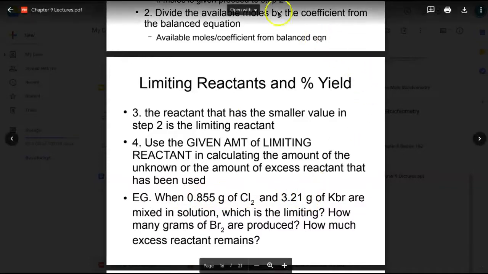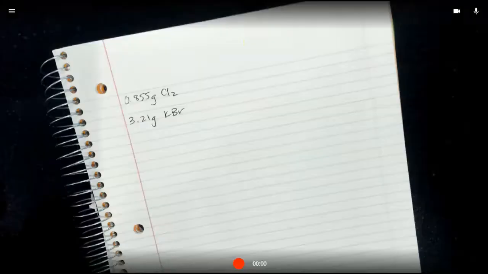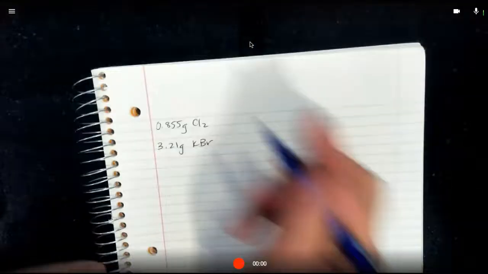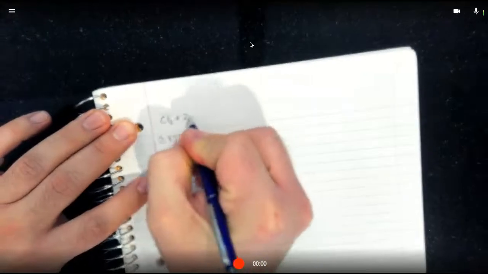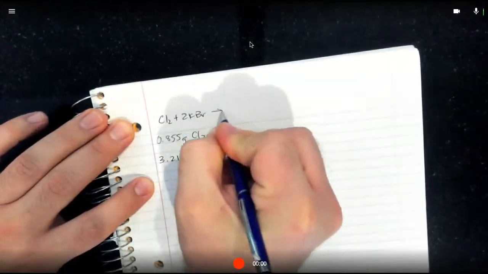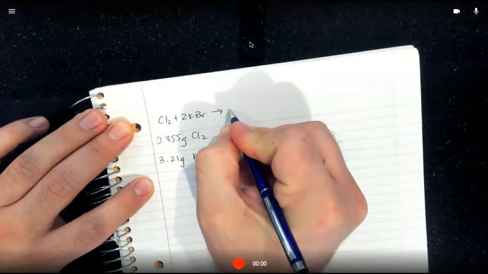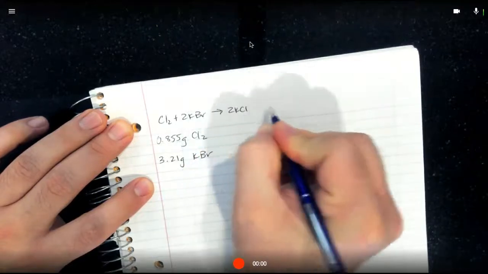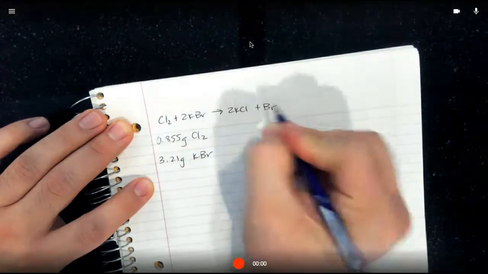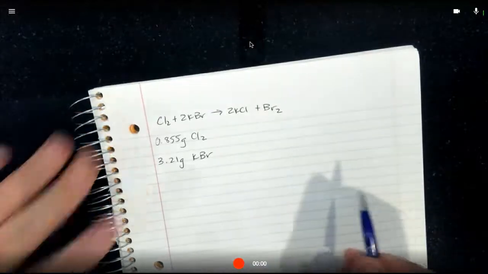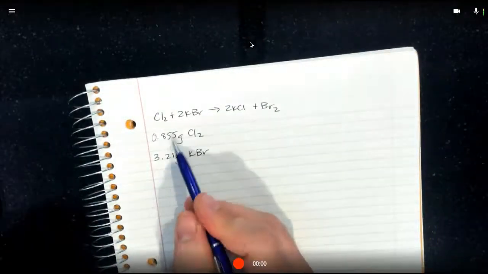So we want to know which one is the limiting reactant. We need to have our balanced chemical equation. Chlorine is going to be reacting with potassium bromide to give us potassium chloride and bromine. Remember, bromine's diatomic.